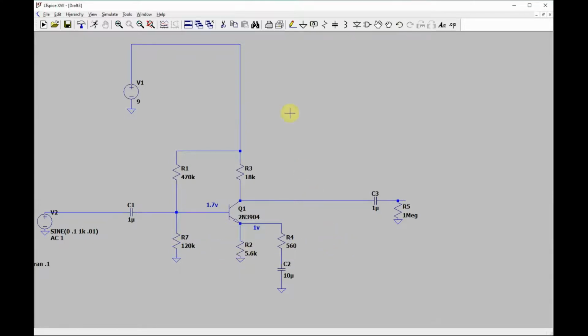The second thing you can do is use 2 more parts and add a DC coupled emitter follower. So let's just look at that. It's real easy. Let me just hook it up and we'll talk about it.